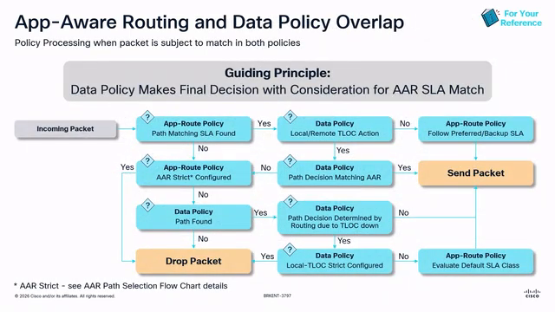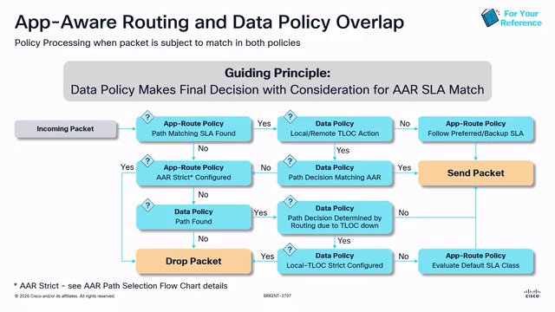One more important concept, and again, this is for your reference. I know this is heavily packed with references, but it's important to understand the decision points between application routing and data policy. Before 20.6, in the ancient ages of Viptela, data policy was overriding application routing completely. Nowadays, it's more intelligent.